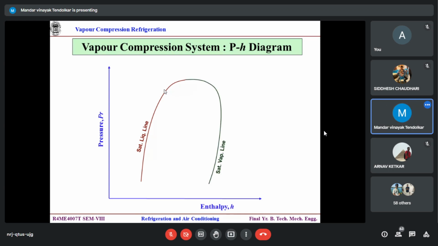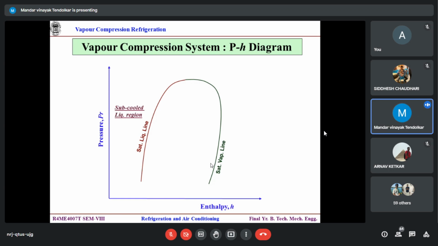So this chart also remains more or less similar. Saturated liquid line, saturated vapor line. Here the only difference is that the slope, which on the TS chart generally moves towards the right-hand side, here comes back towards the left again. That is the only difference, because your latent part is restricted, limited.